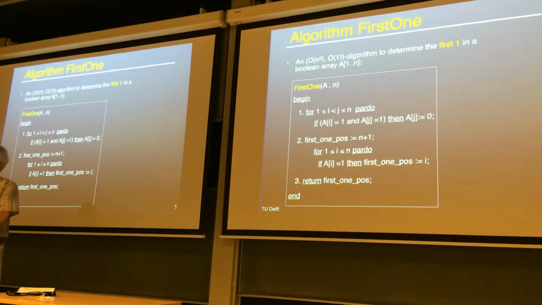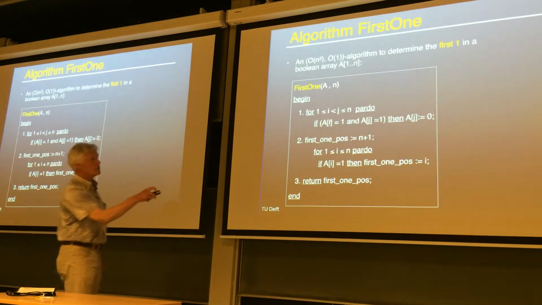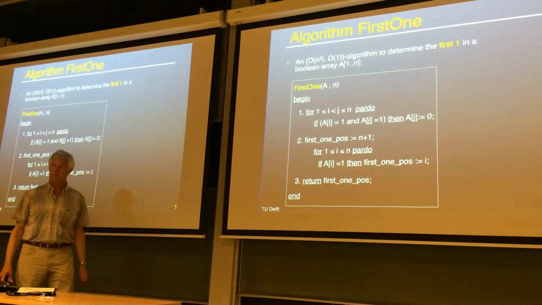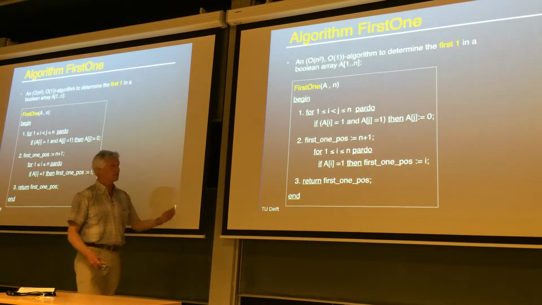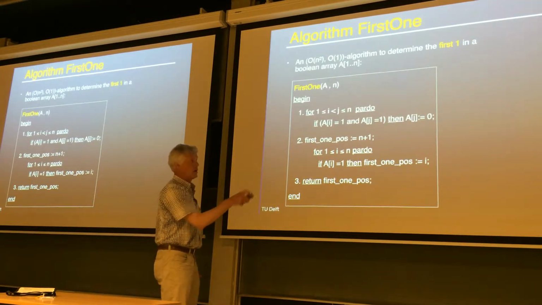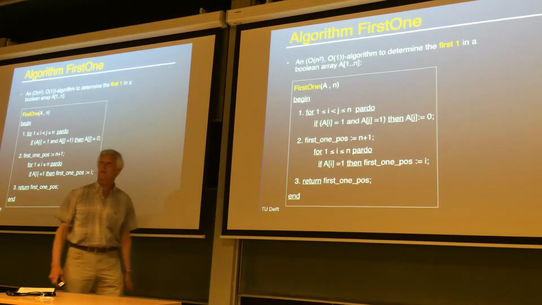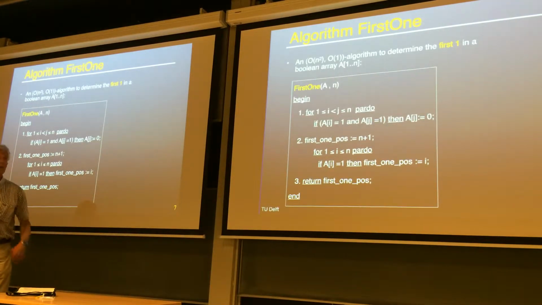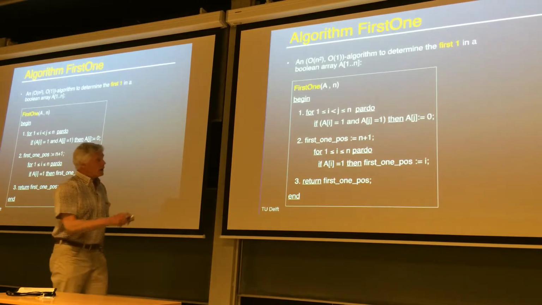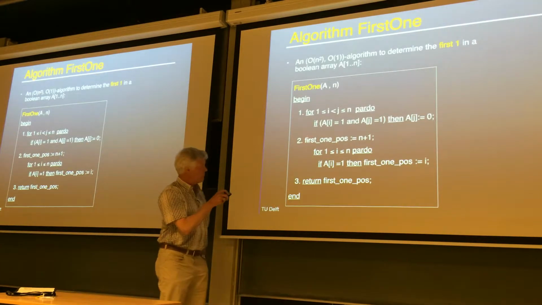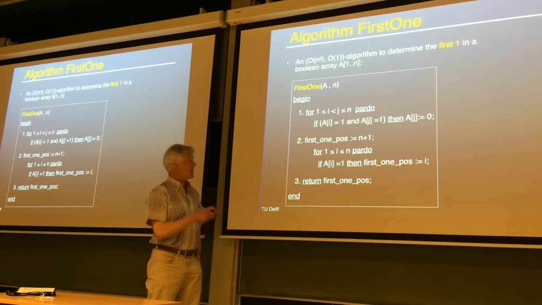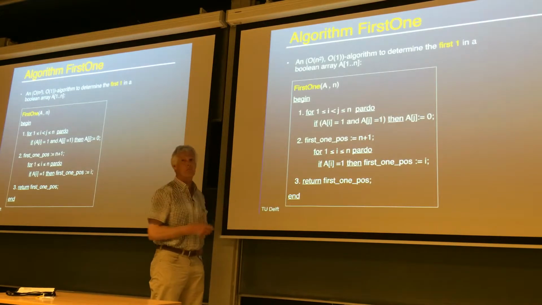Because as soon as there are more index positions having a 1, then n minus 1 of them will lose, because there is an index position before them containing a 1. If there is no 1, then of course the whole array stays what it was, containing only zeros. Now in the second phase, you assign first one position to n plus 1.